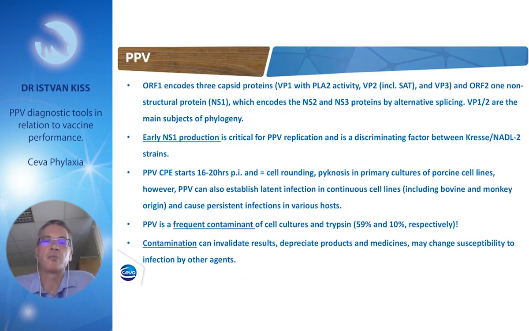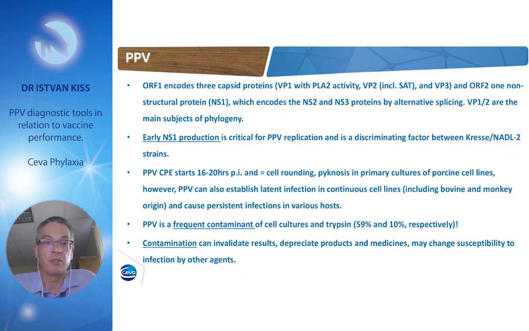Like PLA2, a small protein that is very important for productive infection. And there is SAT, a small protein that contributes to spreading capacity. And there is NS1. NS1 has a number of functions. We will talk a little bit about it later.